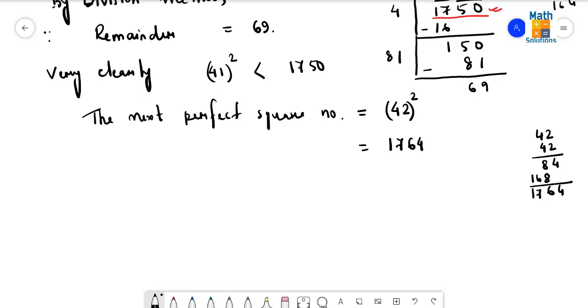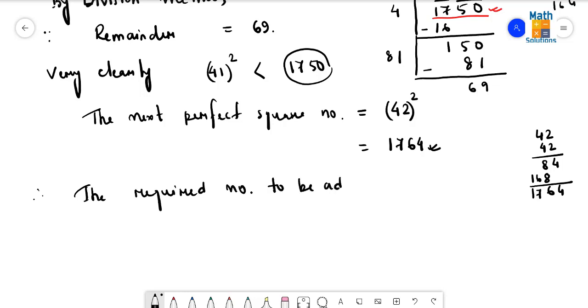Now to get this value with this number, how much is to be added? Let us find out. Therefore, the required number to be added to 1750 is equal to, just from this number 1764, if we subtract 1750, the number to be added we can obtain, and that is 14.